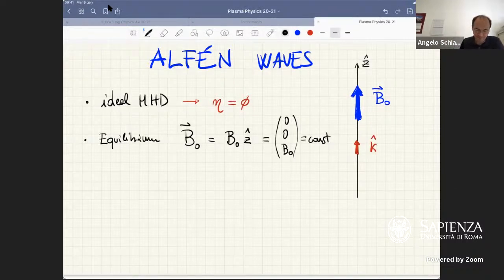We look for, sorry, transverse waves, not longitudinal. So our propagation direction will be along the B0 lines, and we look for transverse plane waves.